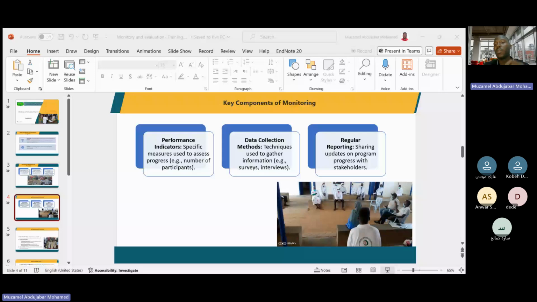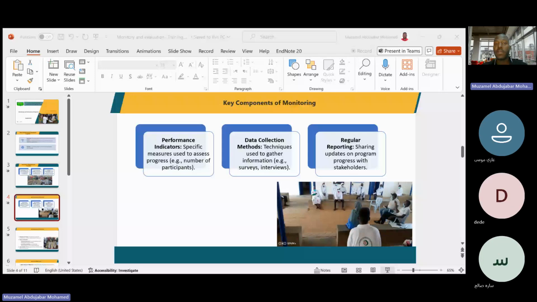Third, regular reporting. The reporting of the program or project is also a component of monitoring. Sometimes during your project, if you are working with NGOs or even with the Ministry of Health, they request you to share a report, perhaps a weekly, monthly, or daily report.